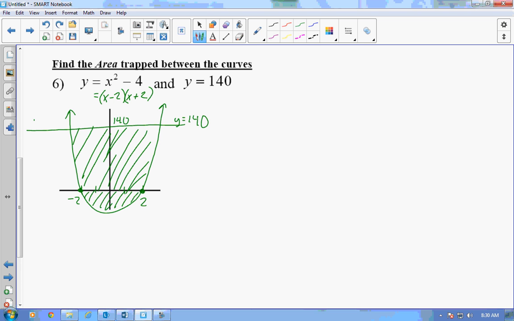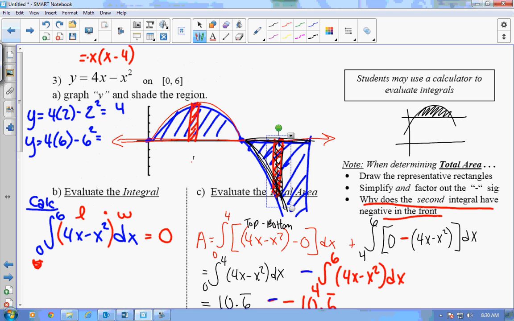How many sections are there? One. These were two different sections, where this one's all positive area, this one's all negative area, but they're separate.